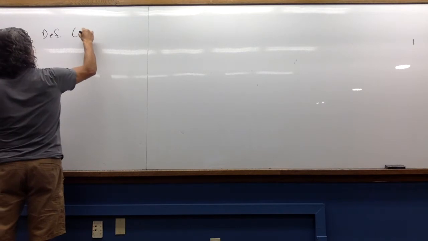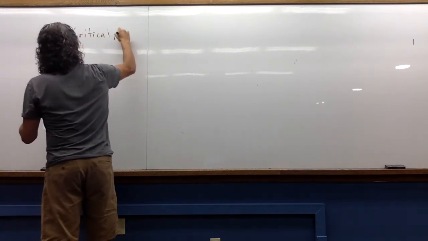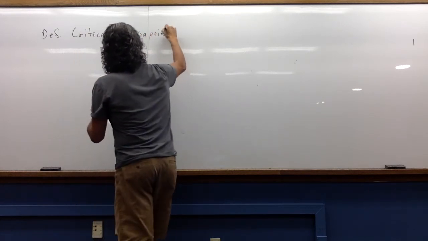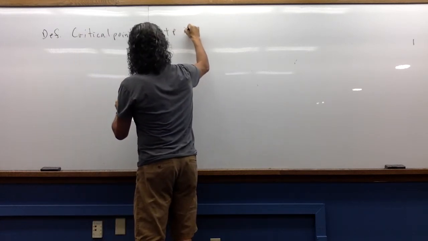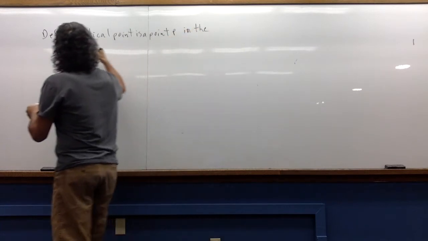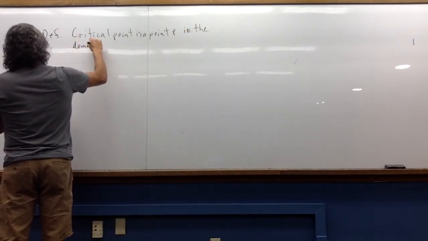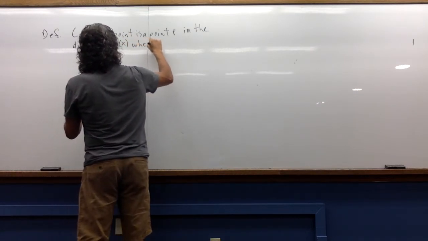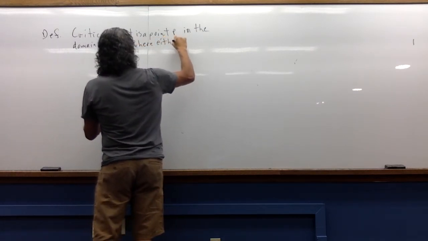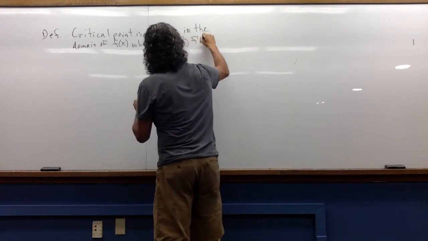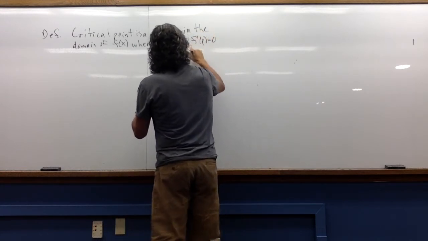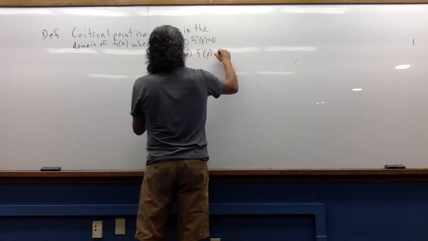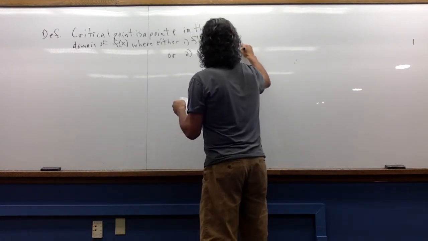So definition: a critical point is a point p in the domain of f of x where either 1, f prime of p is 0, or 2, f prime of p is not defined.